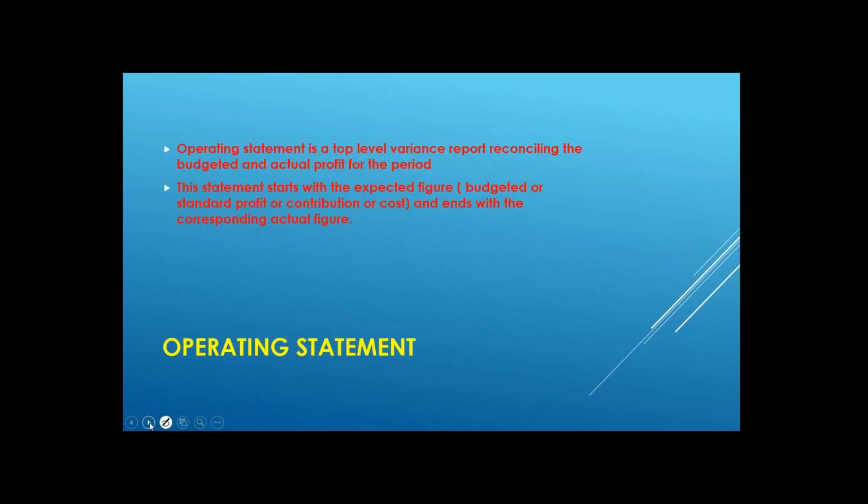It starts with the expected or budgeted figures, and then ends up with the corresponding actual figure. 7,500, 8,900. You want to show where you went wrong. So we'll list out every possible appropriate variance and try to give it in as much detail as possible in the statement, and that is what we should be looking at.